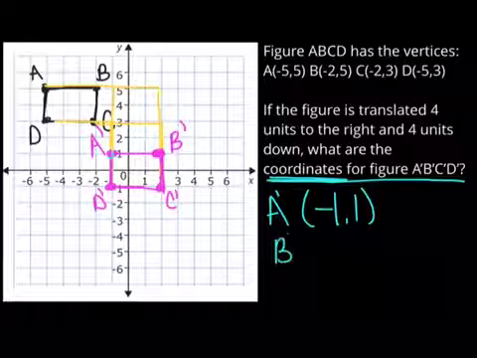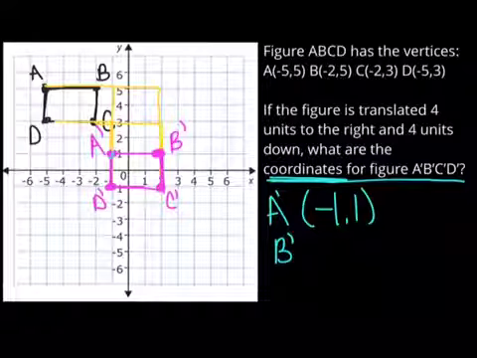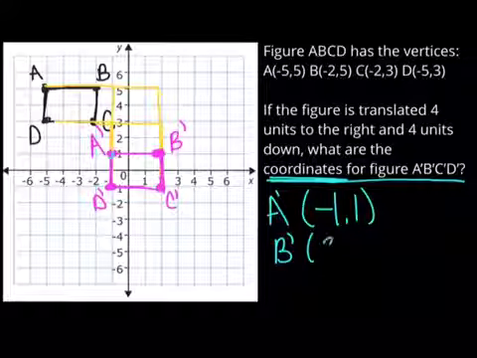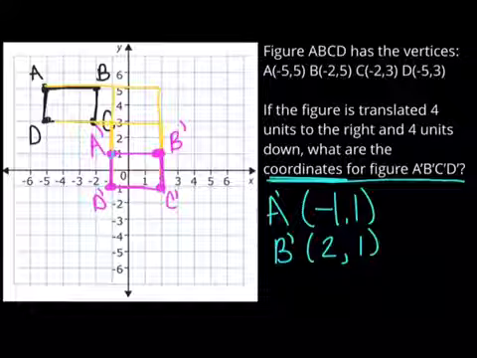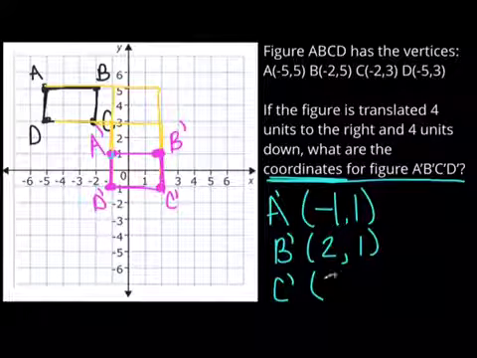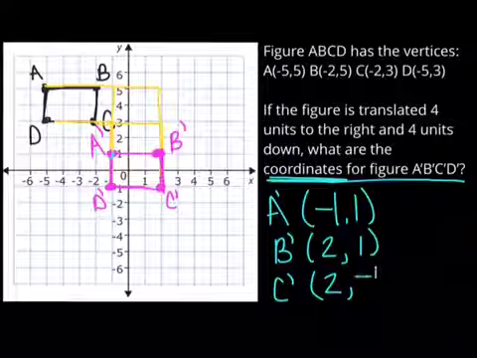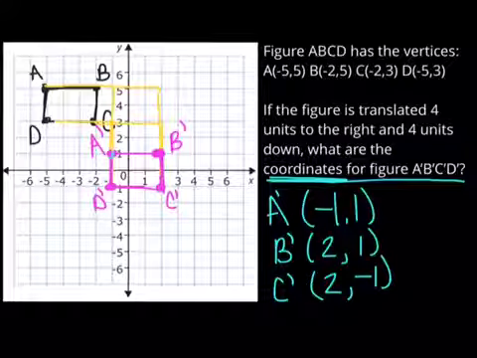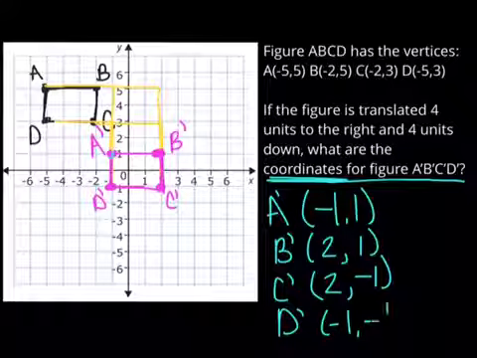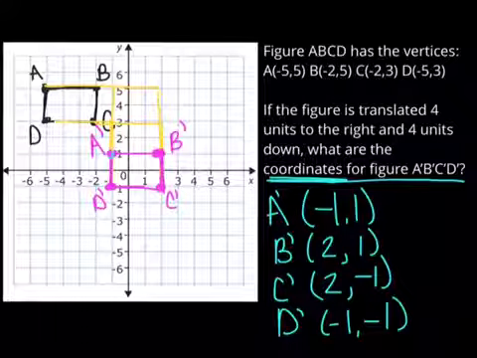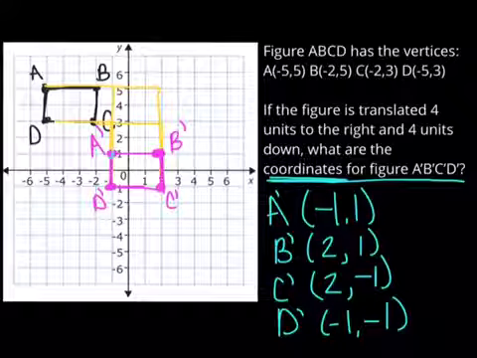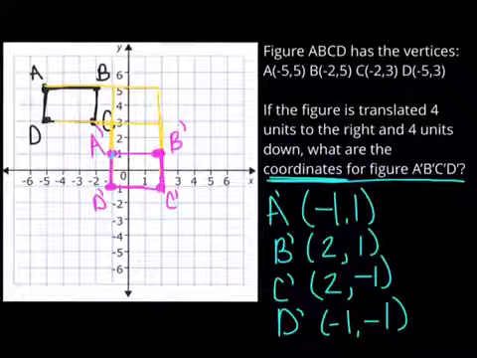Now I have to do B prime. B prime is, I go over 2, up 1. So that's going to be at 2, 1. C prime, I have to go over 2 still, but this time I'm going down 1. And D is at point negative 1, negative 1. Alright, so not only am I having to translate the entire shape, I'm also having to get those coordinates.